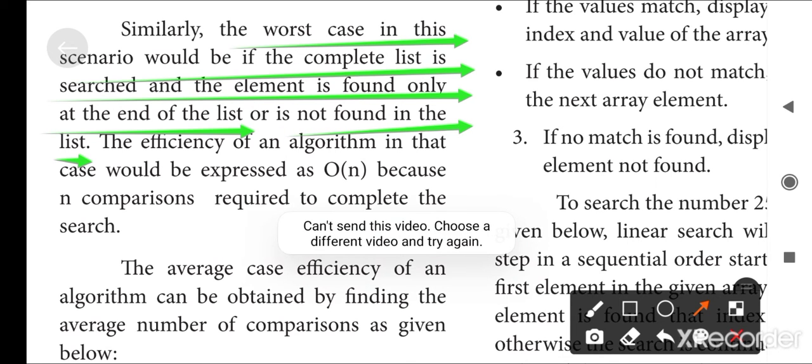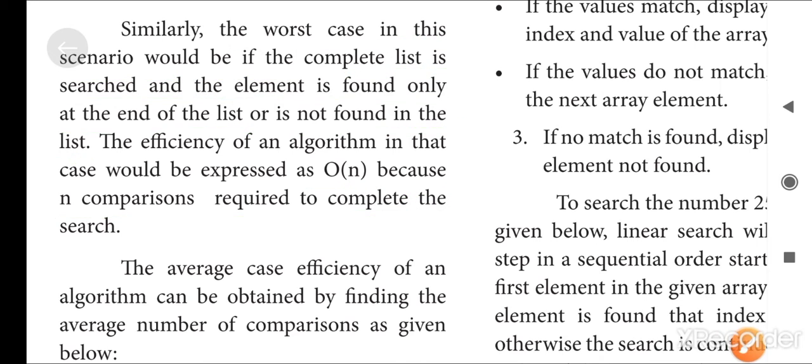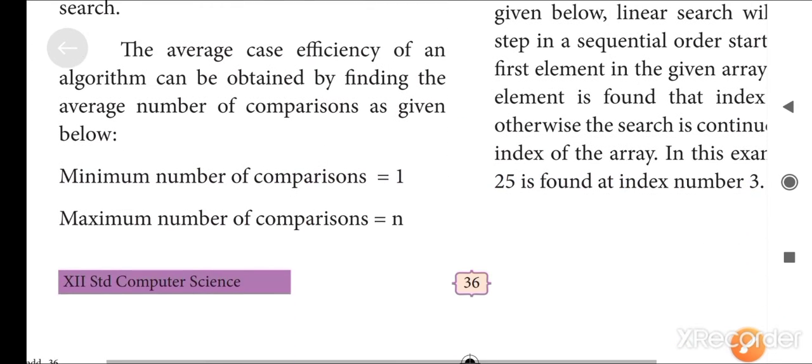It is represented as O(n), because n comparisons are required to complete the search, since the element still has not been found. This is the concept of the worst case.